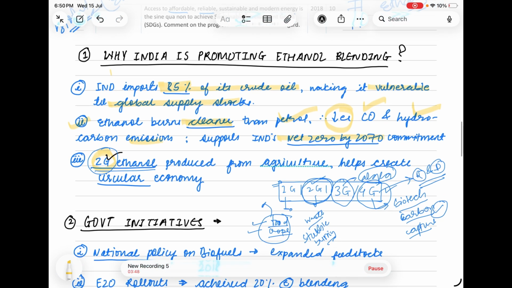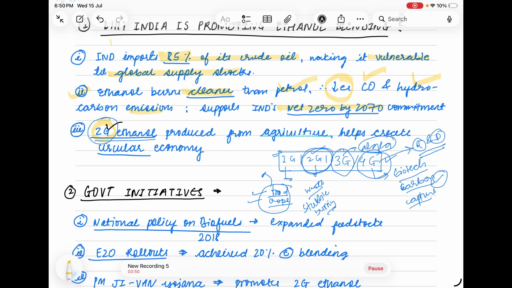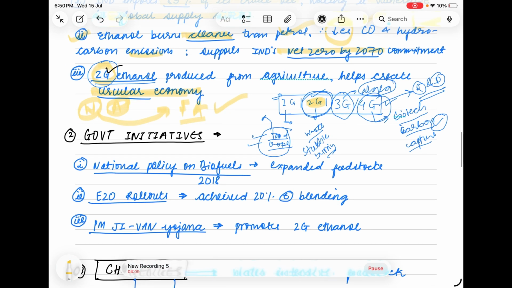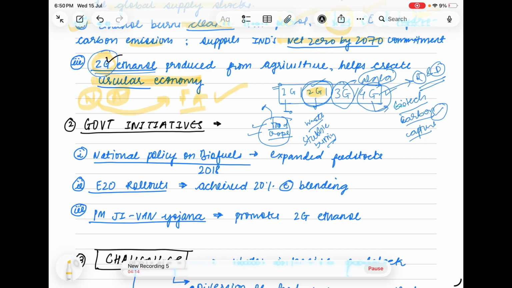Now let us see why India is promoting ethanol blending. India's imports are as high as 85% for its crude oil, making it vulnerable to global supply shocks. Secondly, ethanol burns cleaner than petrol, so it reduces carbon monoxide and hydrocarbon emissions.